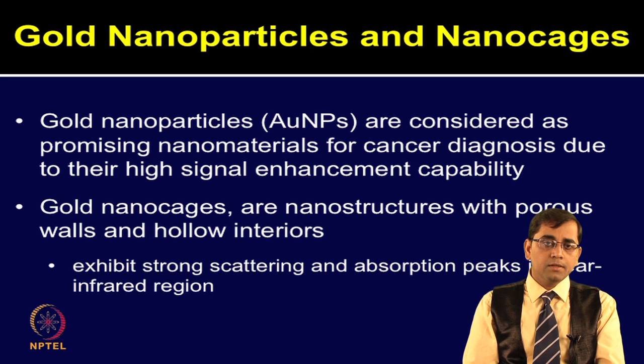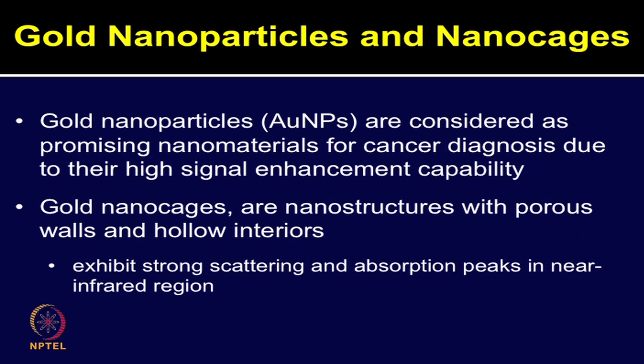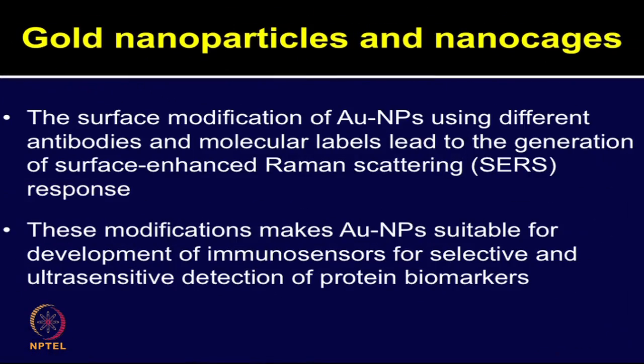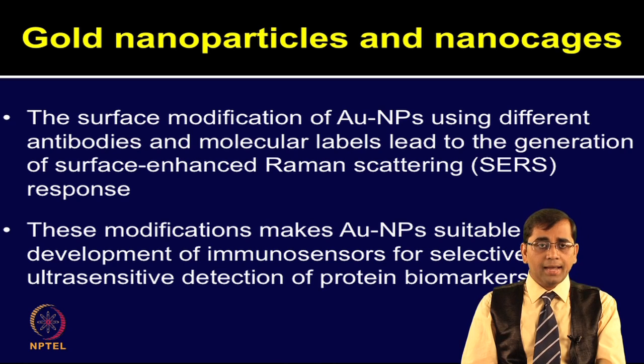Gold nanocages, which have been developed more recently, are nanostructures with porous walls and hollow interiors. They exhibit strong scattering and absorption peaks in the near infrared region. Various types of surface modifications have been tried for gold nanoparticles by using different types of antibodies as well as molecular labels, which can lead to the generation of surface enhanced Raman scattering or SERS response.